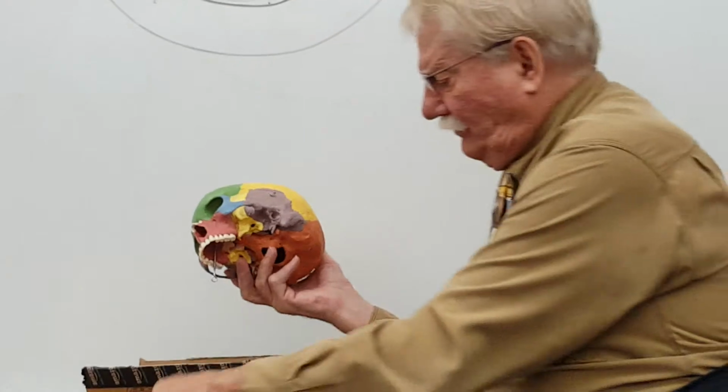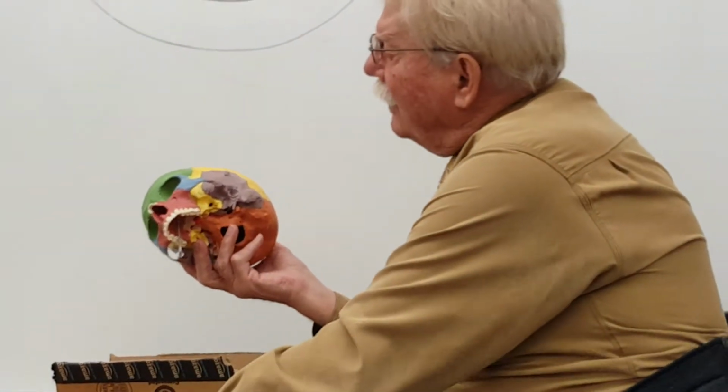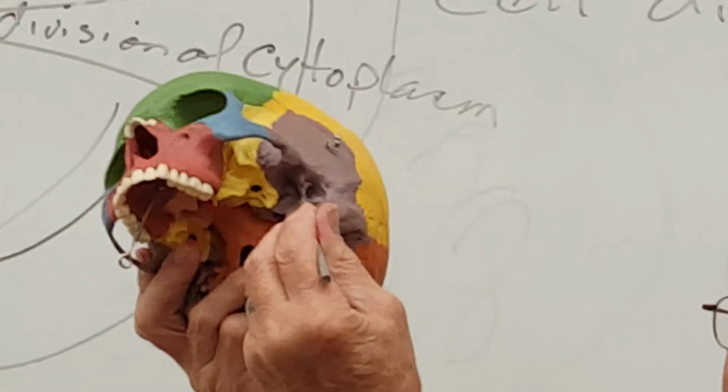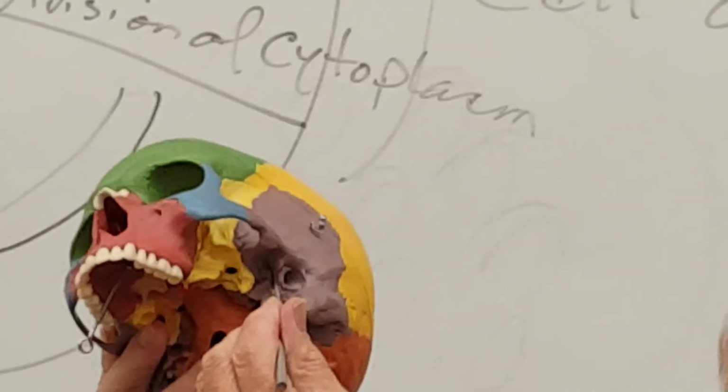So maybe this would show it better. Just anterior to the external auditory meatus, we have the nice fossa, which is the mandibular fossa into which the condyloid process of the mandible fits.